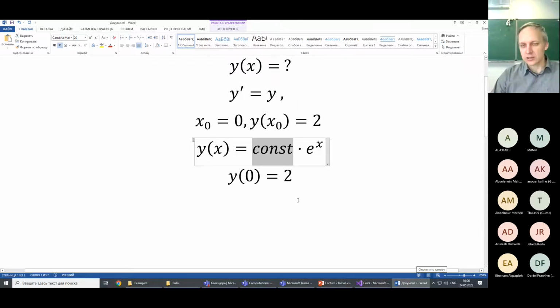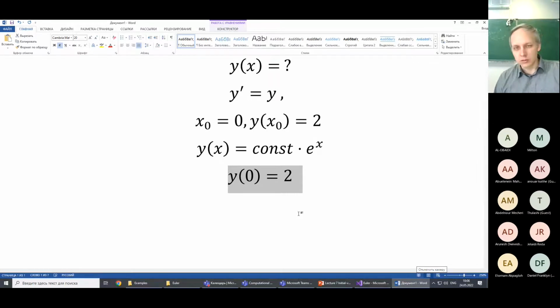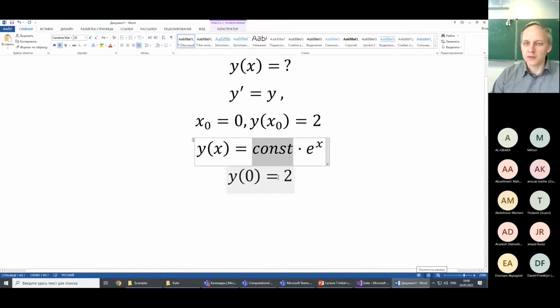And this constant must be fixed from the initial condition. Suppose that we have the same initial condition, y of 0 equals 2. What will be the value of the constant?